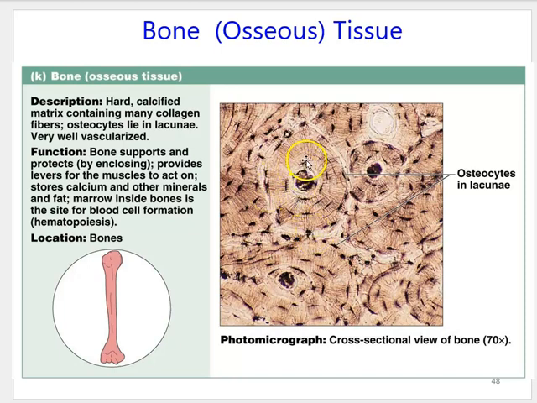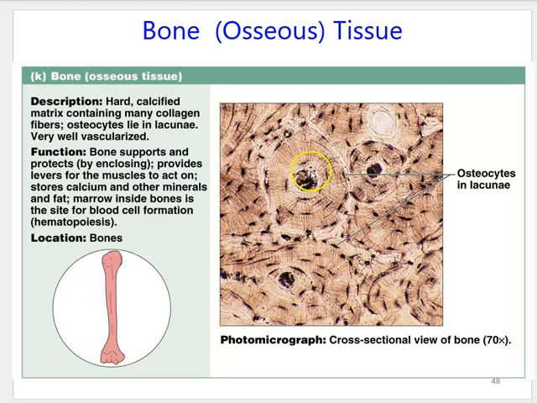And I don't know how well you can see my cursor, but the lines that radiate out from the center in bone are actually holes, and the cells have projections that fill the holes. What they do is they touch each other and they can communicate. And also that has huge surface area for breaking down or making bone.